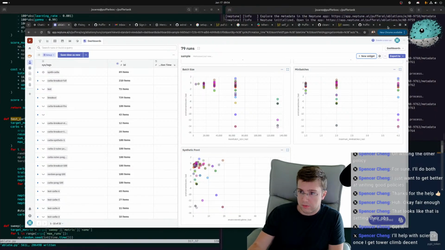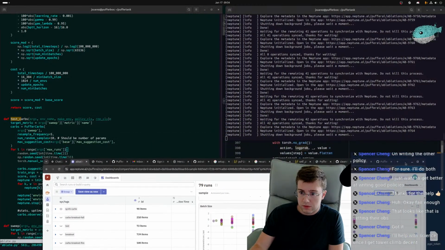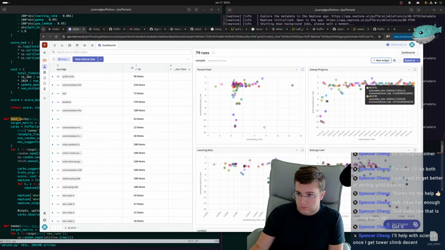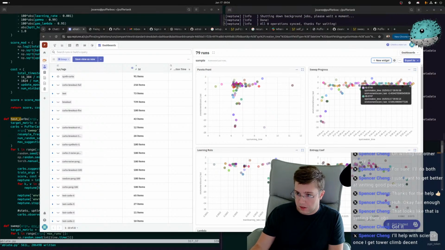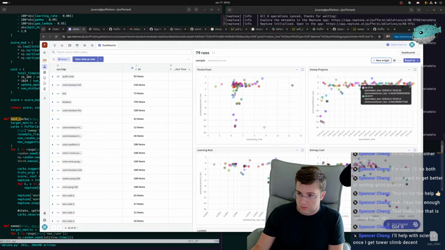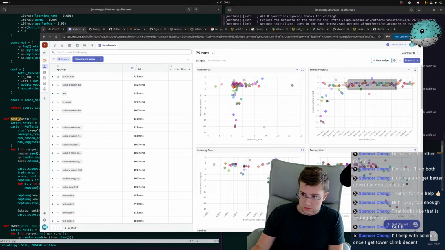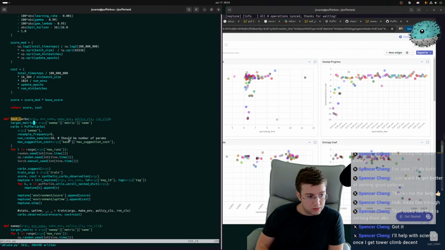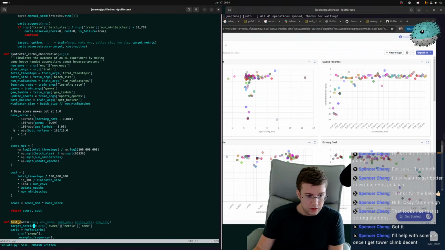This is very weird. So it's possible that I messed up the test, and it is possible that there's something with the carbs. Let me see. Synthetic carbs observation, score, and cost. Let me see if I got this right. So this is a multiplier, right? Score mod.